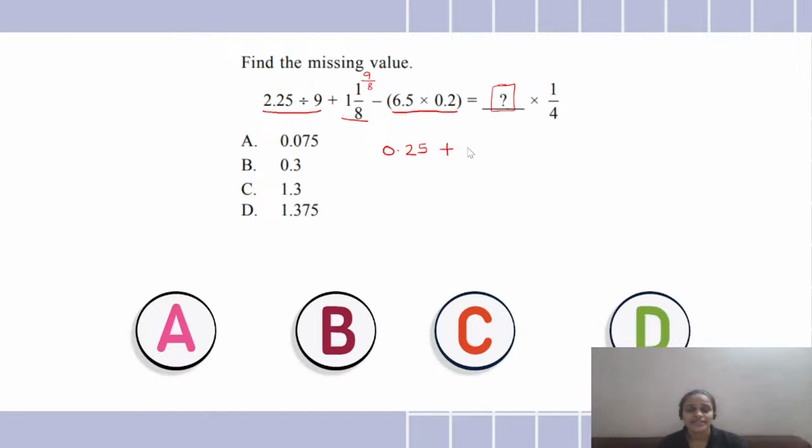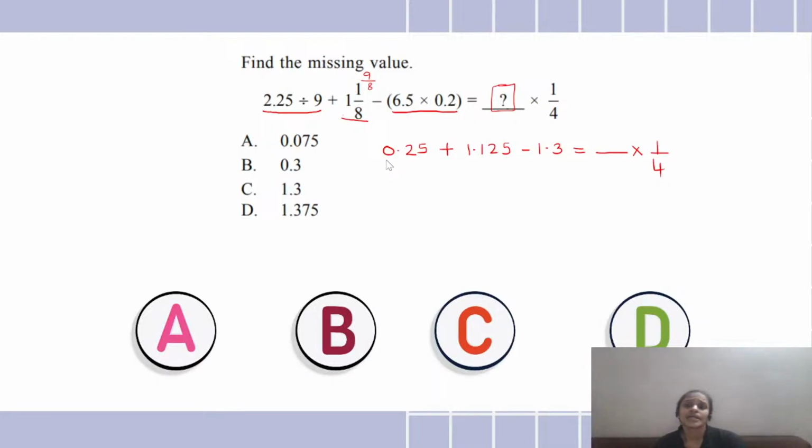When I divide that and put it into decimals, I get 1.125. And now minus 6.5 into 0.2, which gives me 1.3, which equals to something multiplied by 1 upon 4.